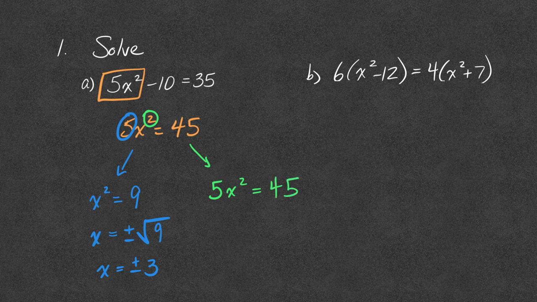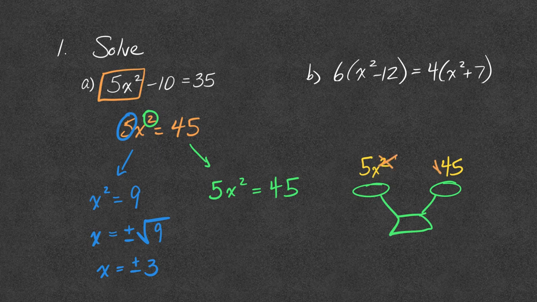If we are good with that whole analogy that each side of my equation is a scale, and whatever I do to one side, I have to do to the other, that if I see right now that I have 5x squared on one side of my scale and 45 on the other, if I just eliminate that squared by taking the square root, maybe you can see I didn't actually do the same thing to both sides.